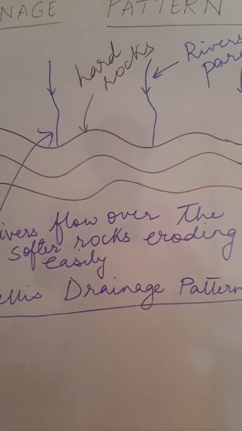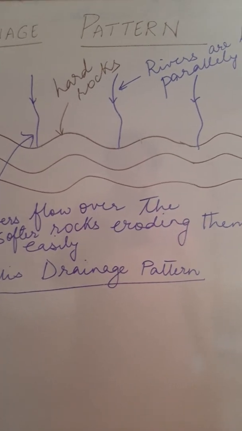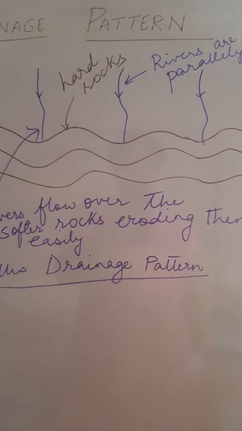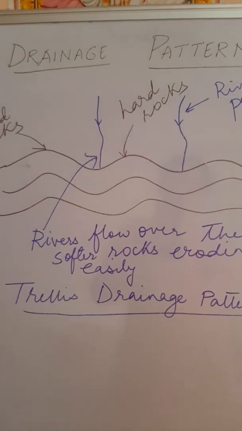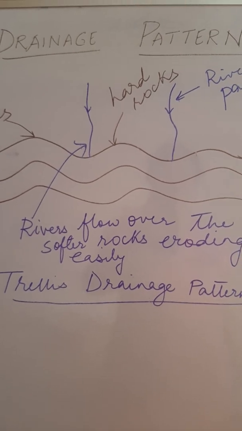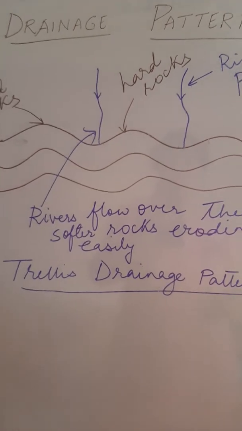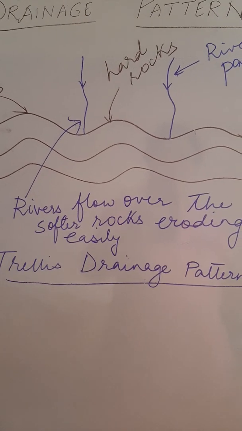So here you can see, children, I have written: rivers flow over the softer rocks, eroding them easily. So this is a drainage pattern which is again different from the previous two drainage patterns. Here there is no branching as in the dendritic pattern.